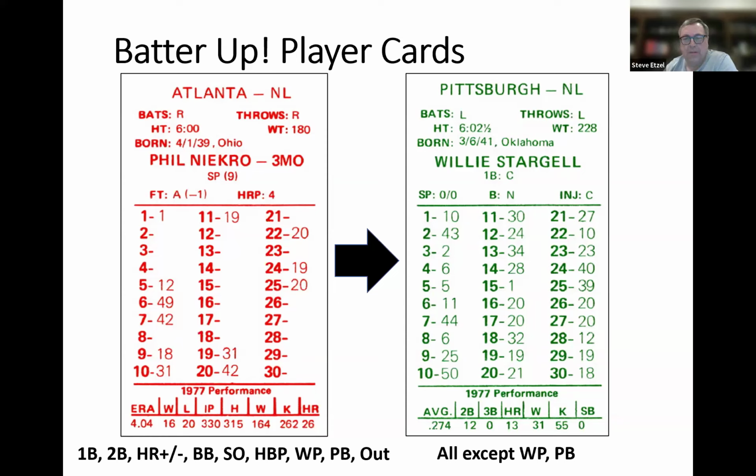So wild pitches and passed balls are entirely controlled from the pitcher card. But that's the basic engine. So I would say, in some respects, Batter Up is most like a combination of Sports Illustrated and APA. And you'll see the APA influence here in a second.